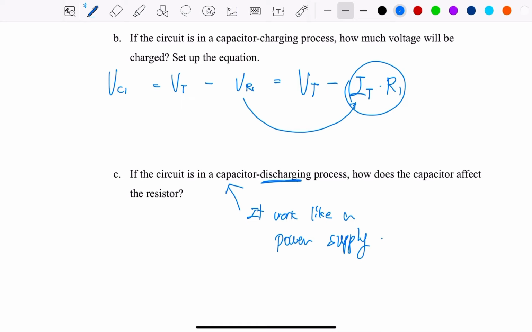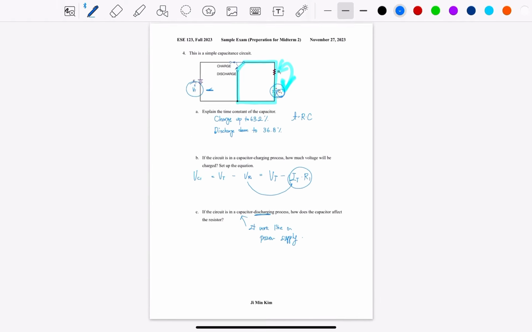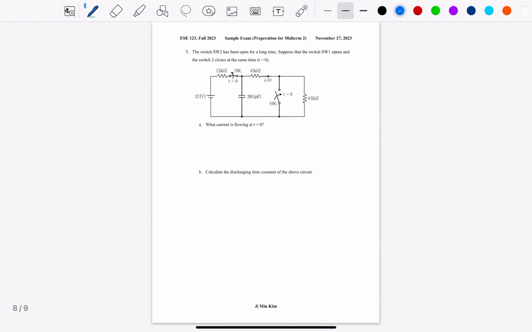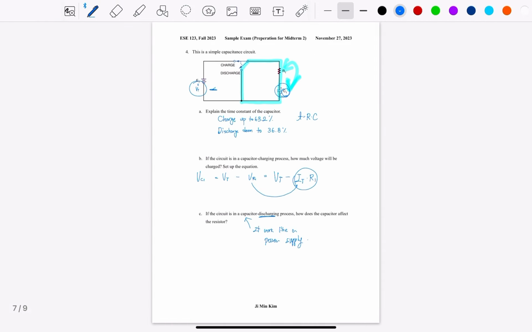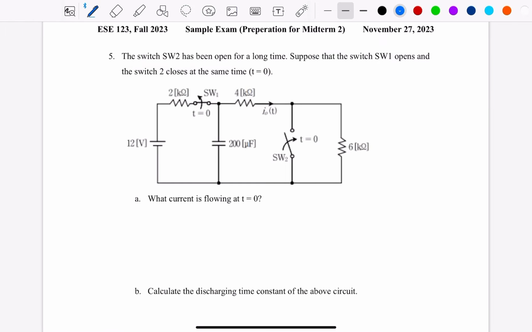It's not exactly a power supply because it is decreasing, but to make you understand very easily, I just use the word power supply. Okay, this is all of question number 4. Let's move on to 5.